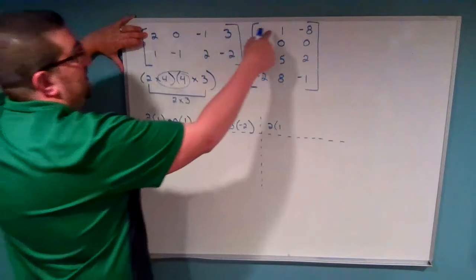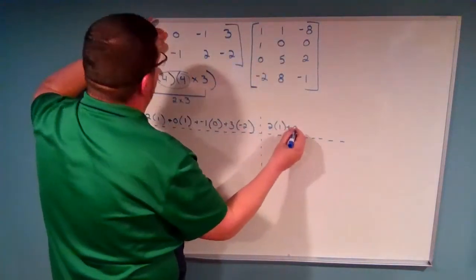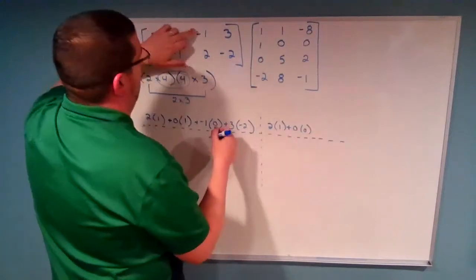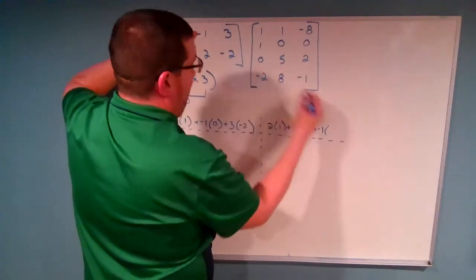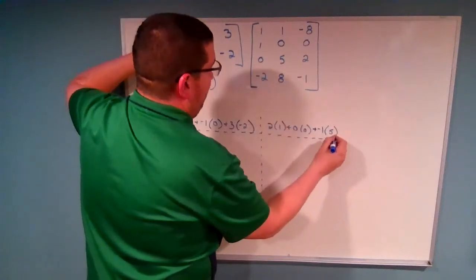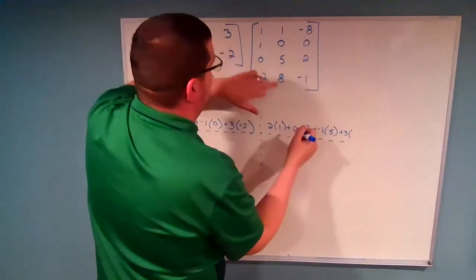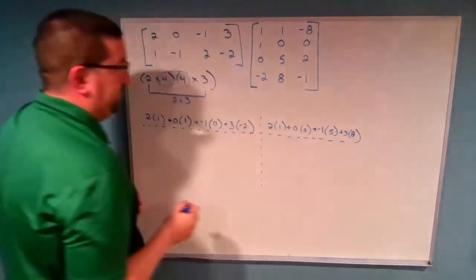So we have 2 times 1 plus 0 times 0 plus -1 times 5 plus 3 times 8.